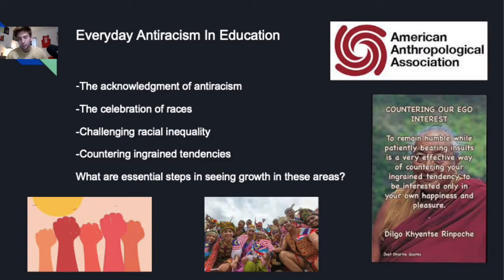So for the 3 supplemental articles I looked at, one of them was this article, Everyday Anti-Racism in Education, presented by the American Anthropological Association, if I said that right. They talk about the acknowledgement of anti-racism and how a lot of people in our nation don't even acknowledge the fact that racism exists.